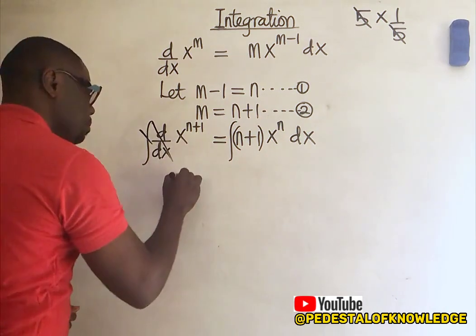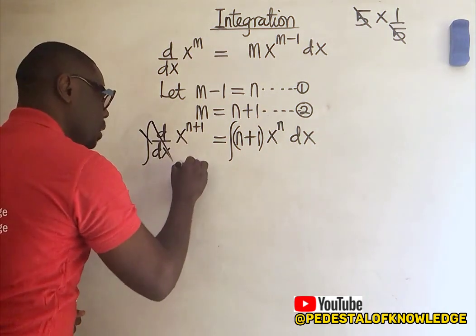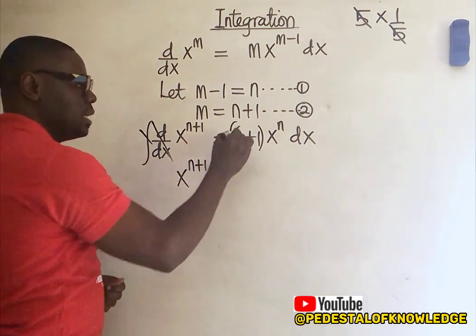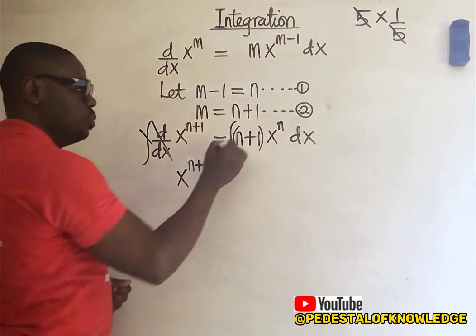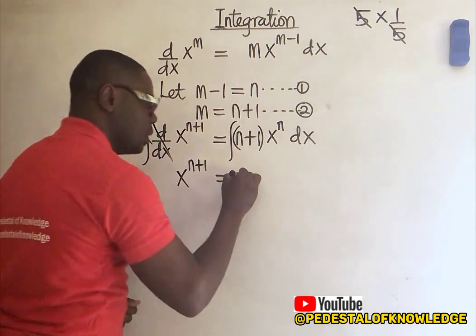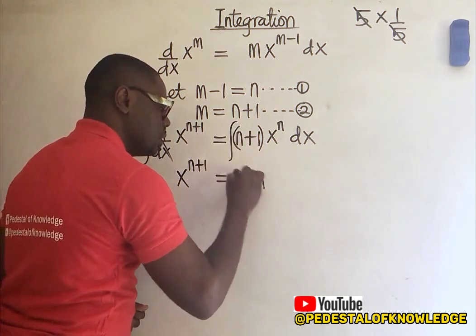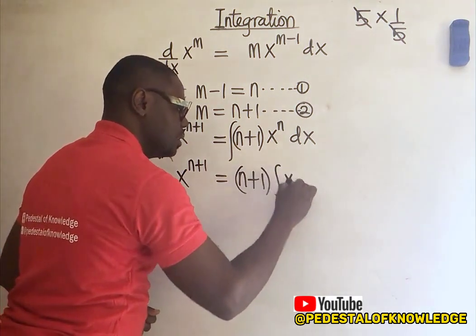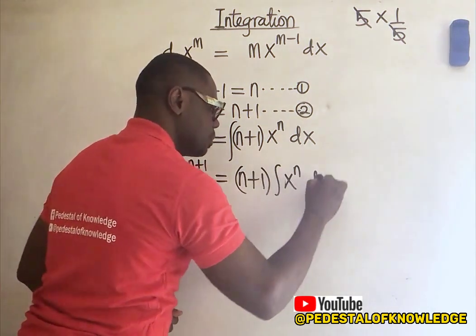We are left with x raised to power n plus 1 is equal to, remember that n plus 1 is a constant, so we are going to bring it outside the integral sign. So we have n plus 1 multiplied by the integral of x raised to power n dx.